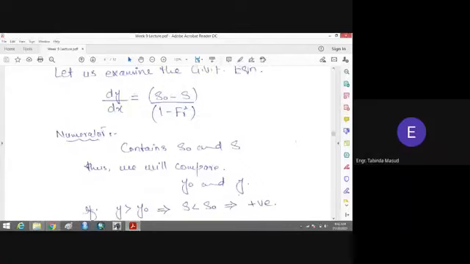Here you can see that in the numerator we have two parameters, S naught and S, where S naught is the slope of the channel bed, or you can say that this is the slope of the energy line for uniform flow, and S is the slope of the energy line for non-uniform flow. Okay, S naught and S. In order to compare S naught and S, we will compare Y naught and Y. Y naught is the normal depth of the flow, and Y is the depth of the flow.